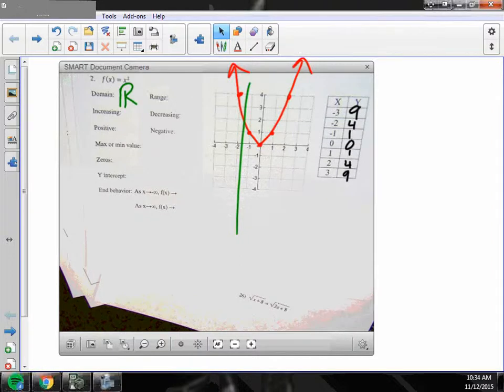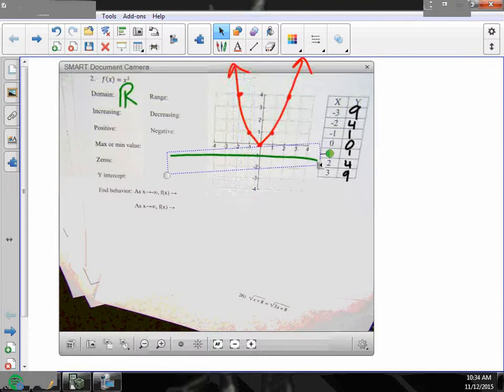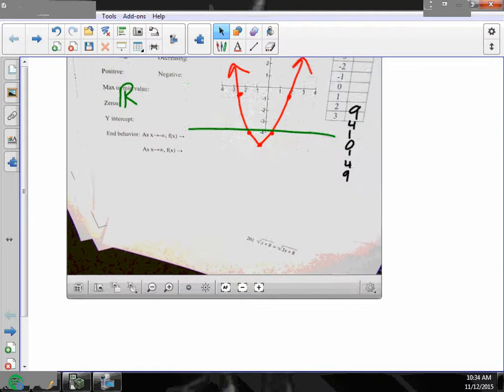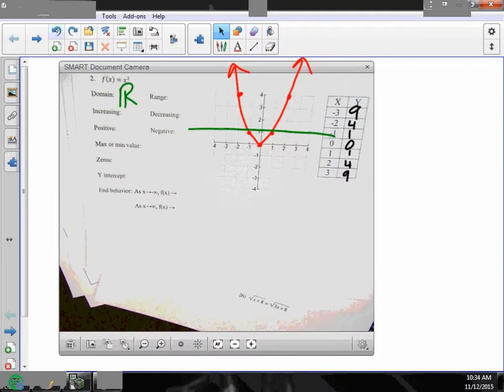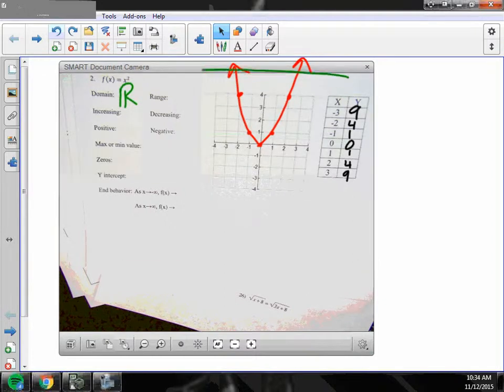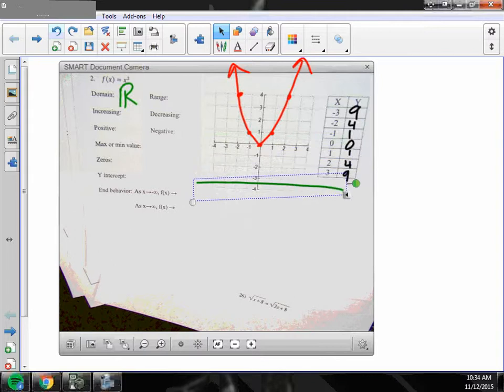Okay. For the range, I'm going to rotate this. Will this line always hit the graph? It hits it up here, right, and up forever. But what about down there? So what y values are included on the graph? Everything from 0 to infinity.